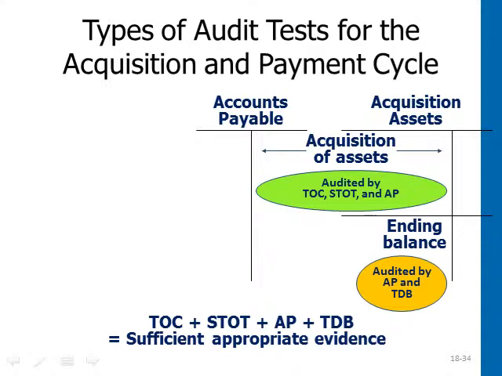And just a few more of the tests that are performed based on whether they are accounts payable or acquisition assets, to get to our sufficient and appropriate audit evidence.